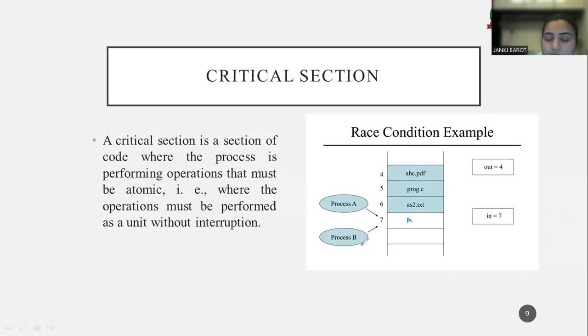Now as soon as process A comes, A will occupy the slot, but process B won't identify that this segment is already occupied by A. So what will this process do? It will also occupy the same segment. Now what will happen? A will be overridden by B.